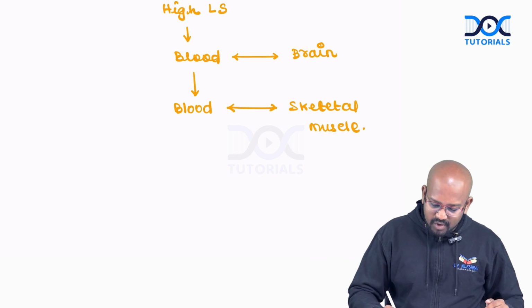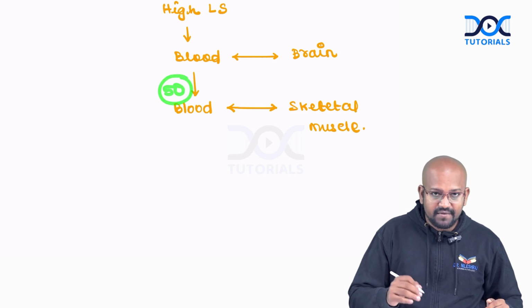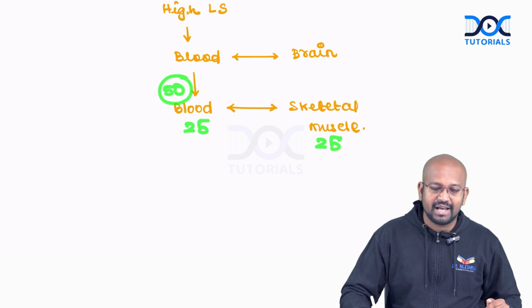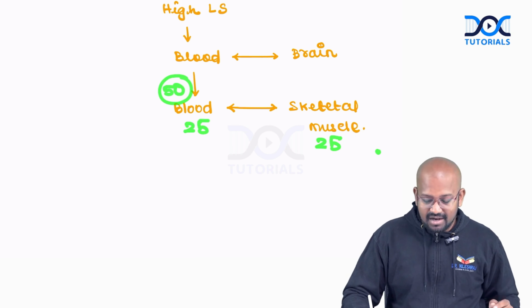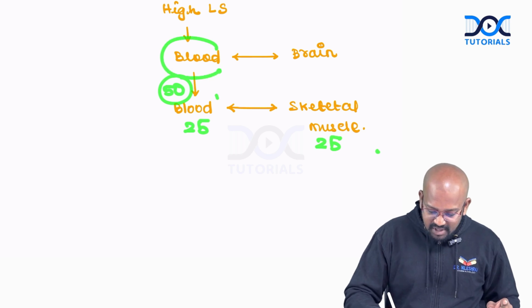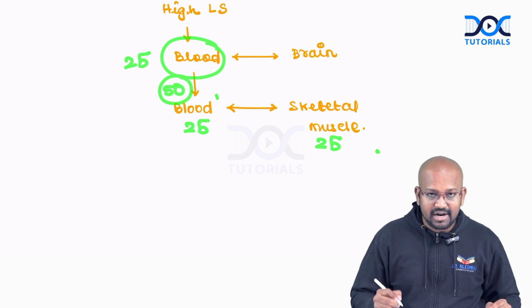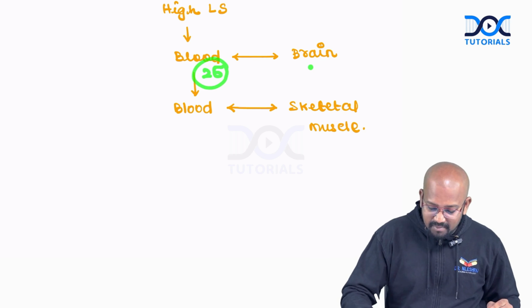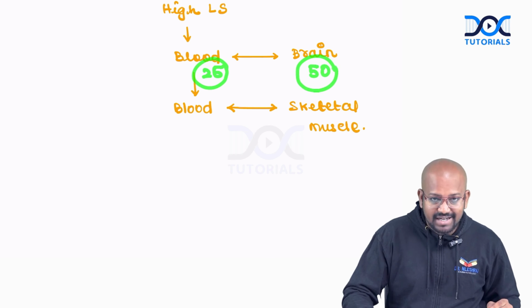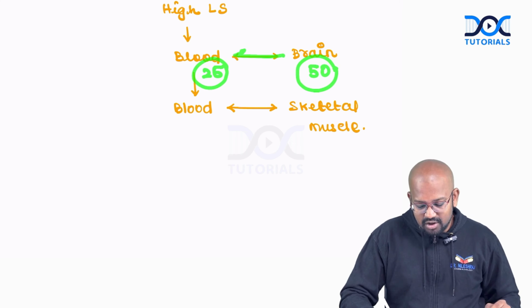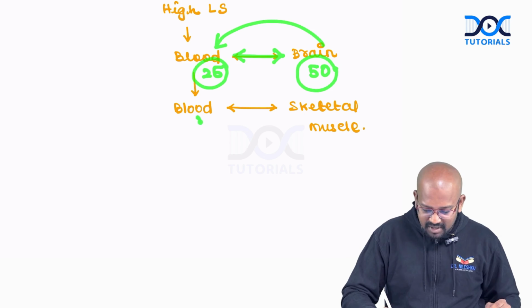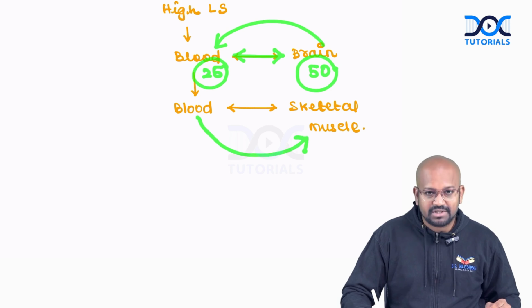Now the 50 milligram previously in the blood has changed to 25 milligram, and 25 milligram is accumulated inside the skeletal muscles. So 25 is in the blood, and how much is in the brain? 50. Equilibrium is getting mismatched. Now drug from the brain will start moving back into the blood, and from the blood again to the skeletal muscles.